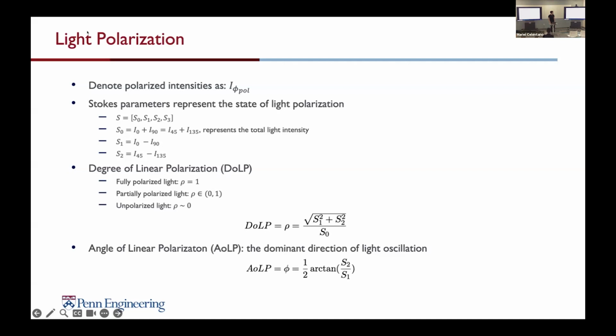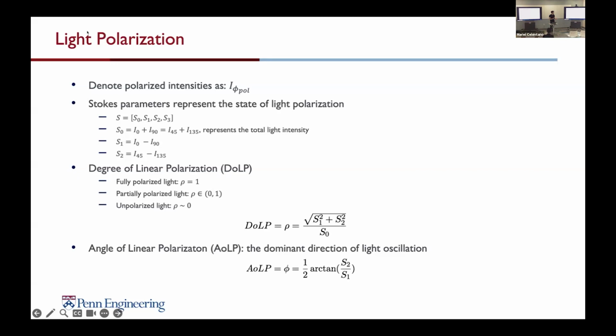The first entry of the Stokes vector, S0, represents the total light intensity. You can calculate that simply by adding up the light intensity at 2 orthogonal angles, and S1 and S2 represent the difference between the intensities at 2 orthogonal angles.